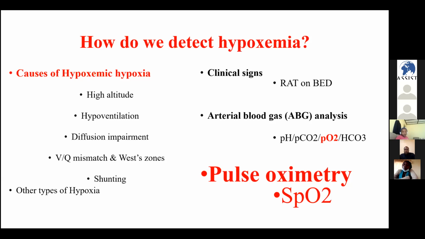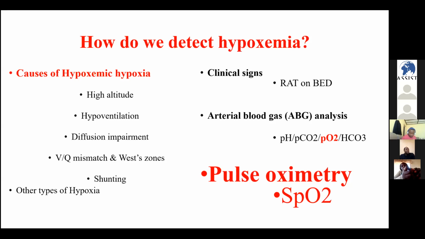So today we are reviewing hypoxemia, and how to diagnose it using pulse oximetry. There are clinical signs of hypoxemia that you can see on the patient. They are abbreviated in this acronym, if you want to use the mnemonic: RAT on bed. That being R for restlessness, A for anxiety or anxious patient, and T for tachycardia or tachypnea.